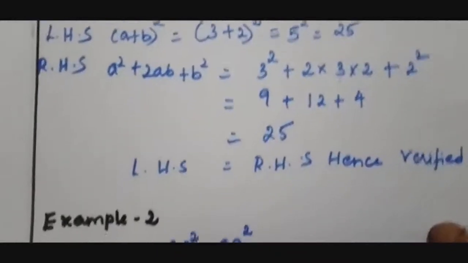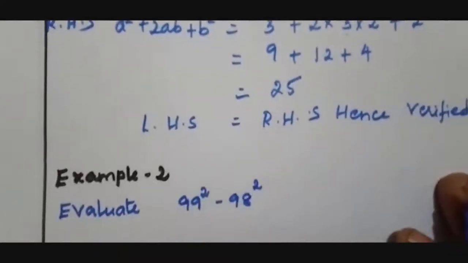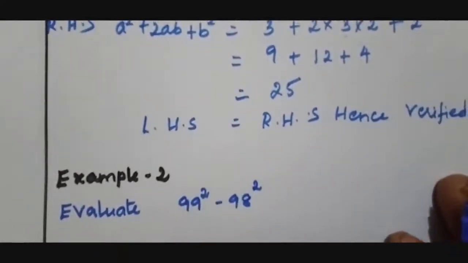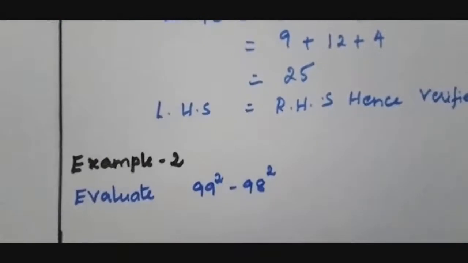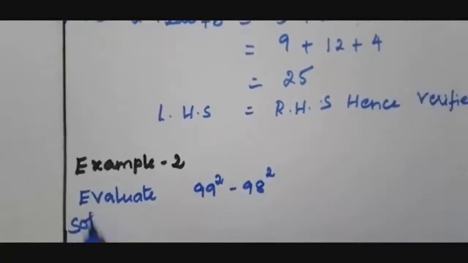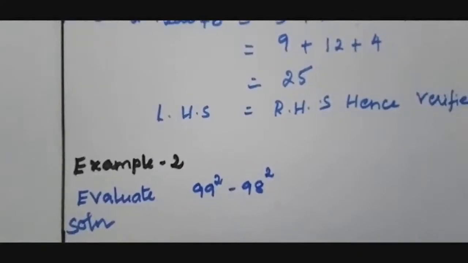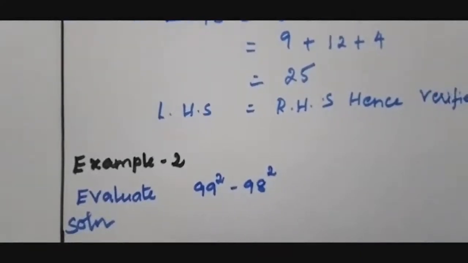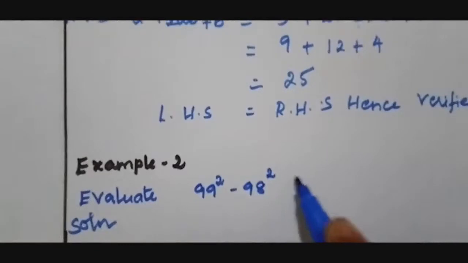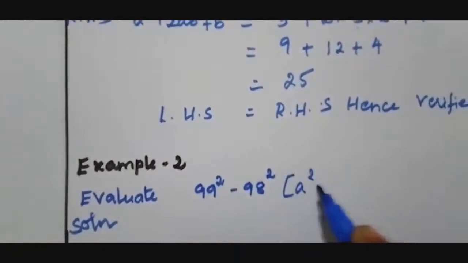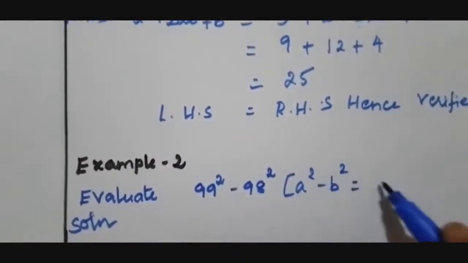Is it clear? The second example, evaluate 99 square minus 98 square. 99 square minus 98 square, this is similar to the identity a square minus b square. So what's the value of a square minus b square?